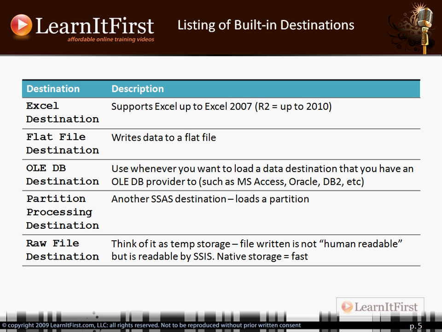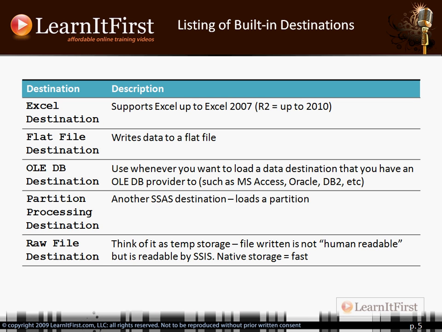The idea of a raw file destination is SSIS just purely does an in-memory dump into the file. It doesn't format it. It doesn't put commas in between everything. It uses whatever the native code is that SSIS uses and puts it in there. So it's not really something you would open up and edit on your own. It's not human readable, as we would say. But it is readable by Integration Services.